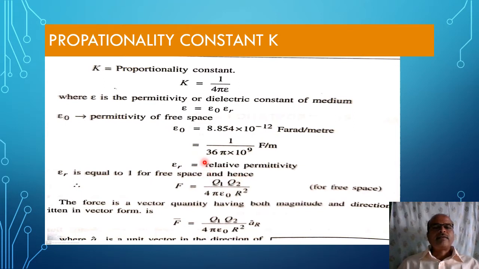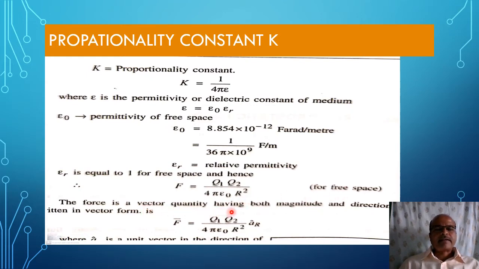If we calculate the value, we get 1 upon 36 pi into 10 raised to 9 farad per meter, where epsilon r is the relative permittivity. Epsilon r is equal to 1 for free space, and hence the previous equation is represented as F is equal to Q1 Q2 upon 4 pi epsilon 0 r square for free space.